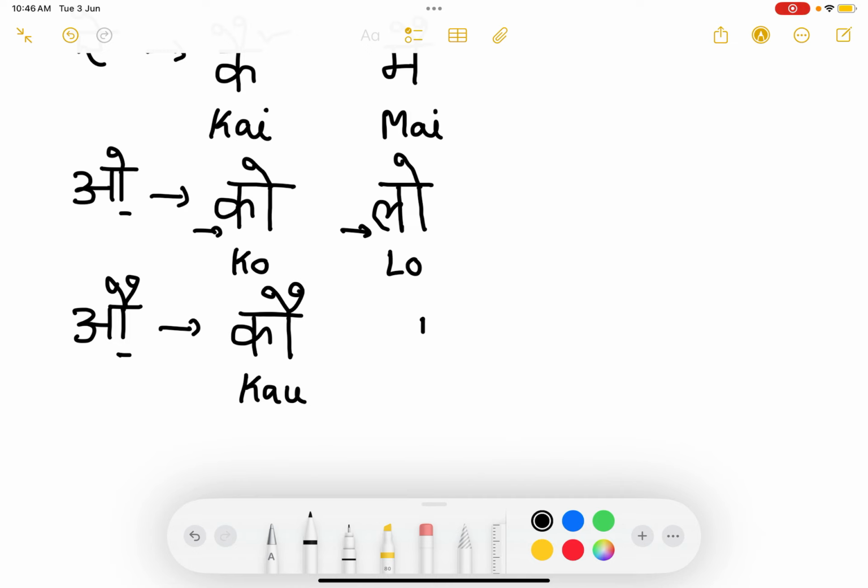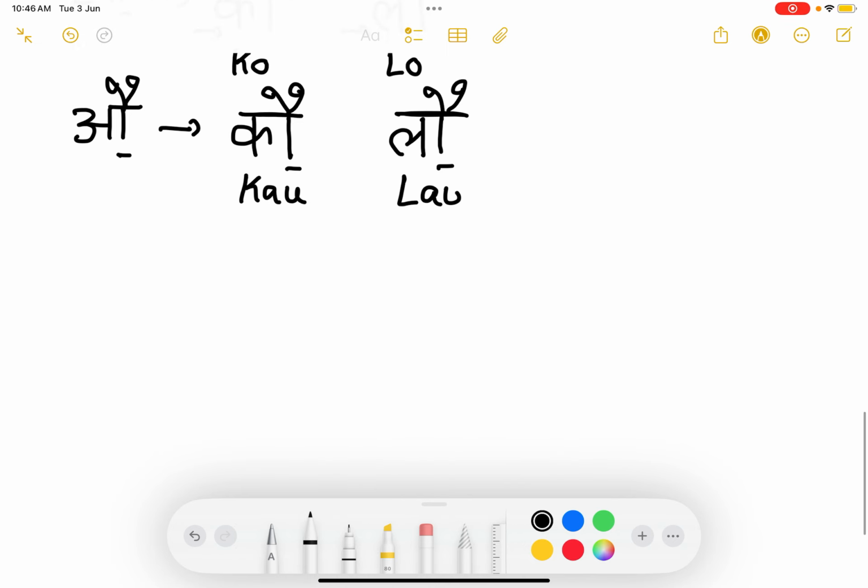Let's take la with the au matra, lau. So the previous one was ko, lo, the o sound. This matra with one line, two arms on top, kau, lau. Au is the vowel sound, and this is how the matra looks. It's placed after the letter.